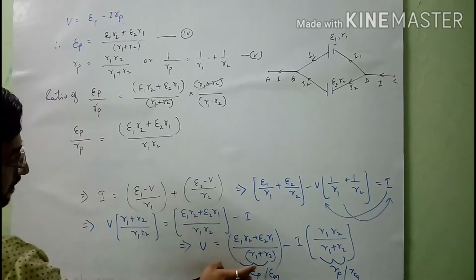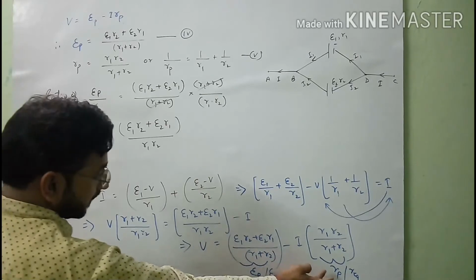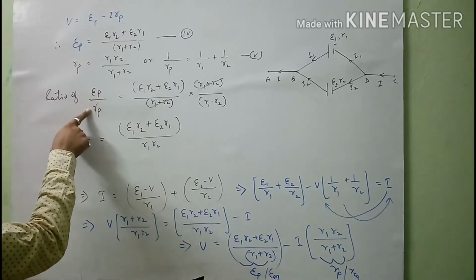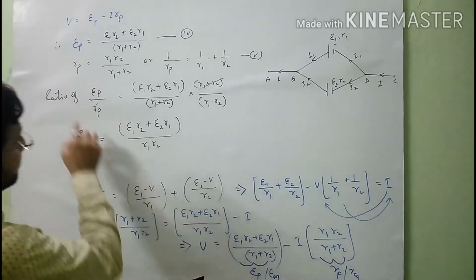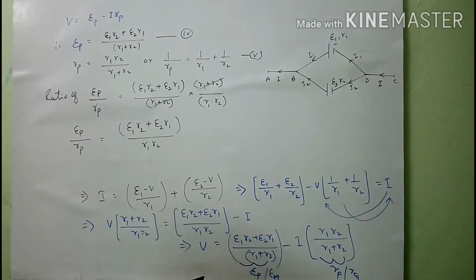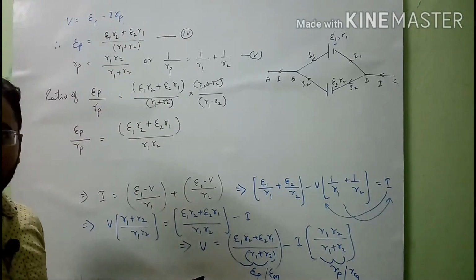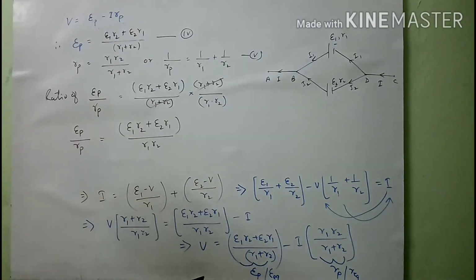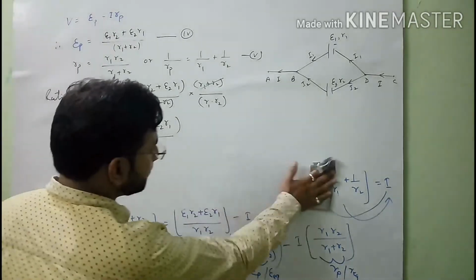Here I will get two things in parallel combination. First is EP, meaning in parallel combination the equivalent EMF and equivalent internal resistance, and after that the ratio of this and the equivalent internal resistance can be written in this way. Here this is a common part which I will use in case of identical resistance, or you can say when the EMF of the battery is the same, that means the internal resistance of the battery is also the same, that time I will use this part, and in special cases also.